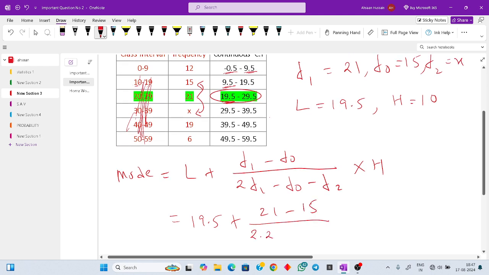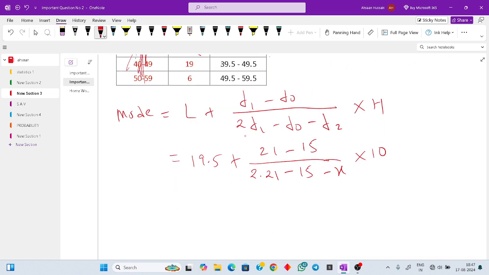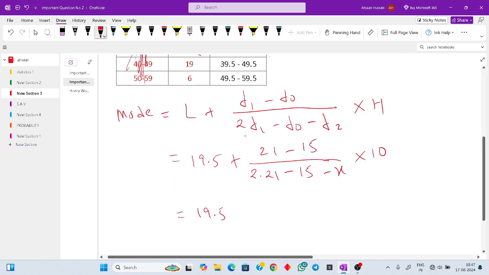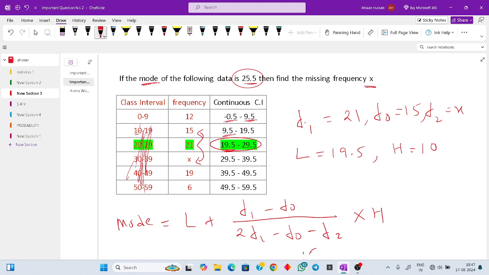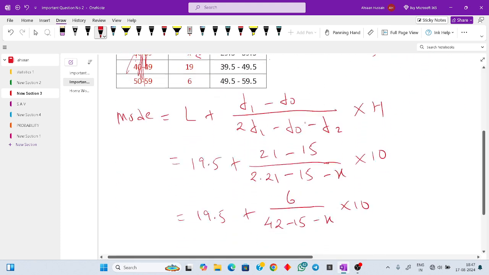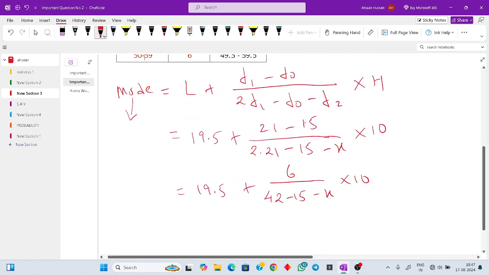Again we'll write 2 multiply 21, then F0 is 15 minus F2 is X, multiplied by 10, the height. So 19.5 plus 6 by (42 minus 15 minus X) multiplied by 10. Now one more thing: the mode was given, the mode was 25.5. So in place of mode, we'll write 25.5.